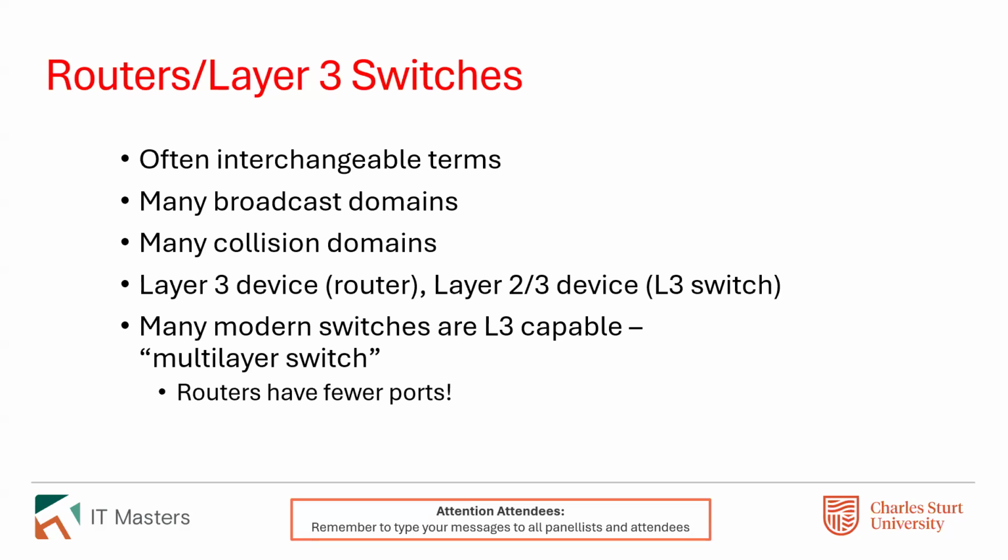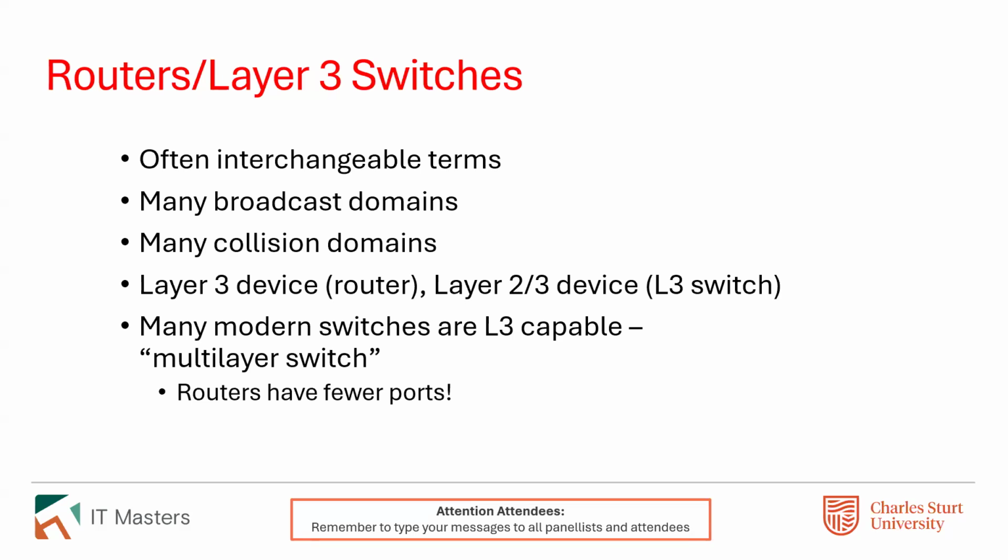The big difference, and you'll see this in the CCNA, between a router and a multi-layer switch or a layer 3 switch is that routers have fewer ports. Typically, particularly in service provider land, a dedicated router might have maybe a dozen ports, whereas it's not uncommon for a multi-layer switch to have 24, 48, or even more data ports on the front of it.